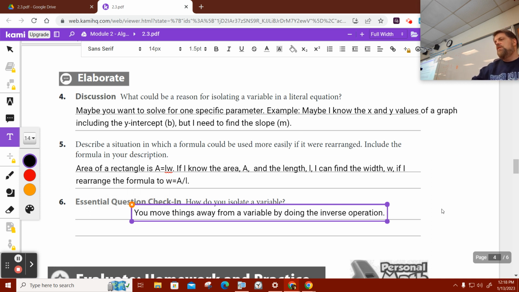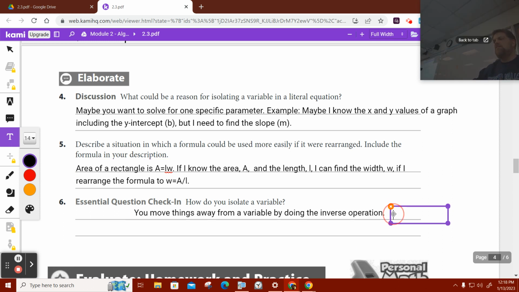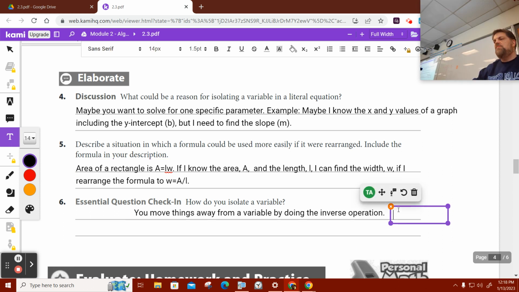That's it. You make it look like x equals some stuff. If you're adding to x, then to move whatever you're adding to x, you just subtract it from both sides of the equation. Whatever you do on one side, you do to the other side.